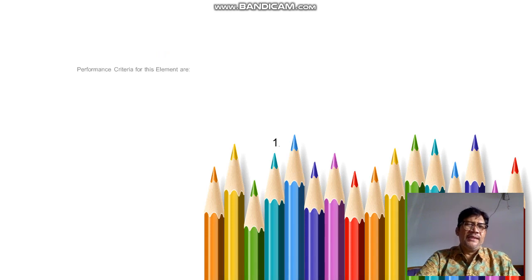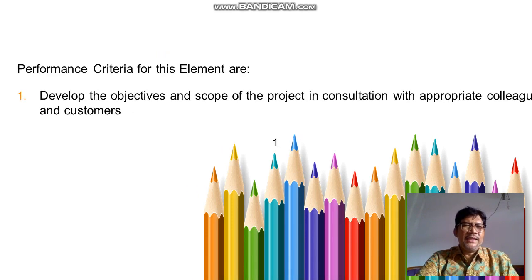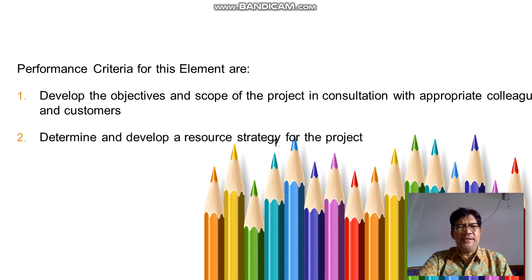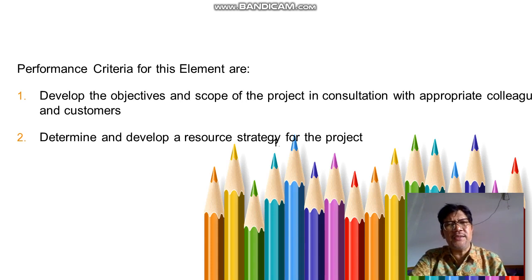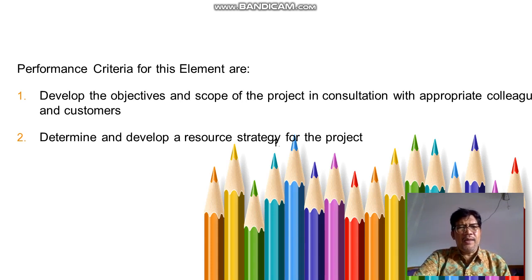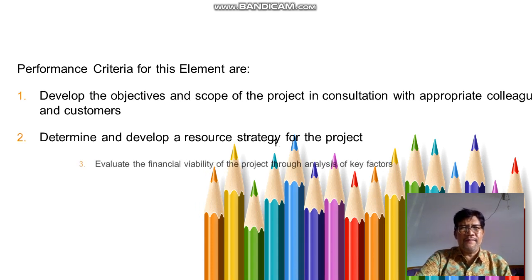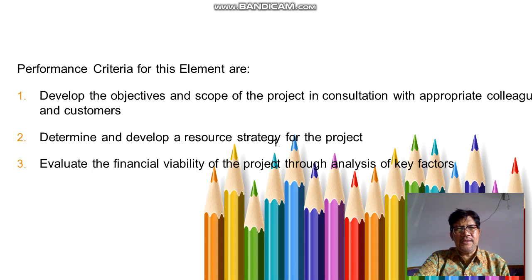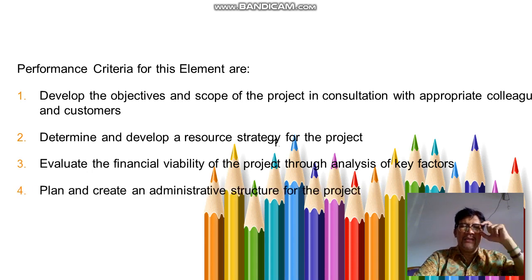Plan project. Performance criteria for this element are: develop the objective and scope of the project in consultation with appropriate colleagues and customers. Determine and develop a resource strategy for the project. Evaluate the financial viability of the project through analysis of key factors.